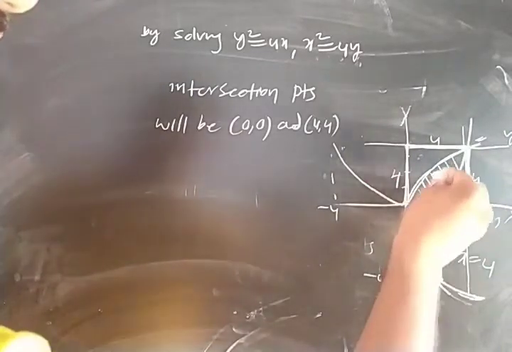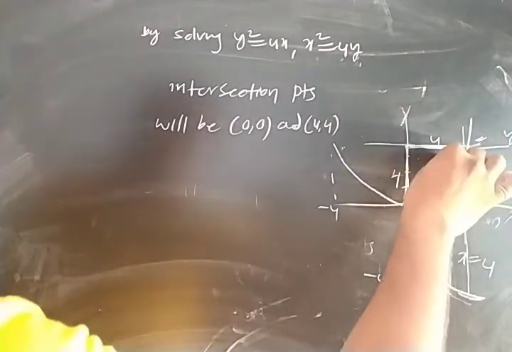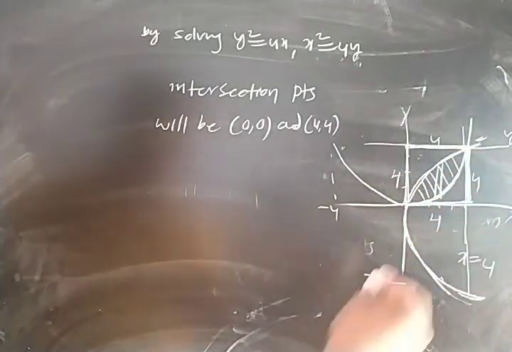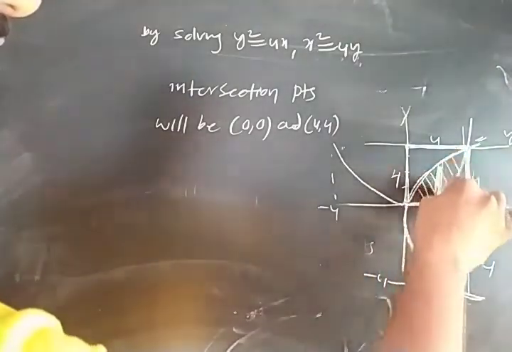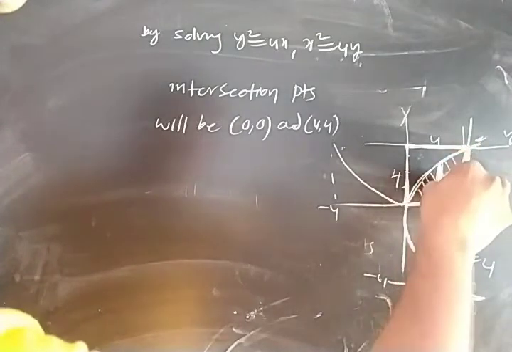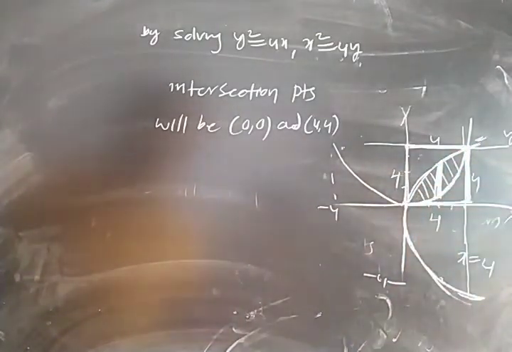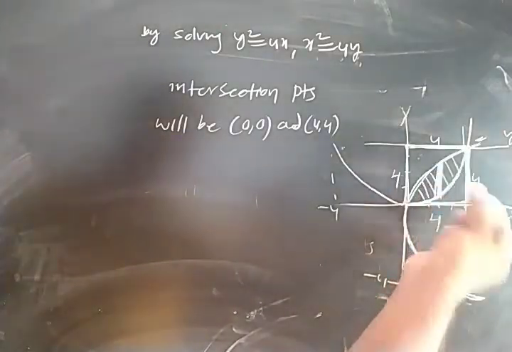Now I am going to find the area of the region bounded by the parabolas. For that I will consider one vertical strip whose width is dx and height is y2 minus y1.